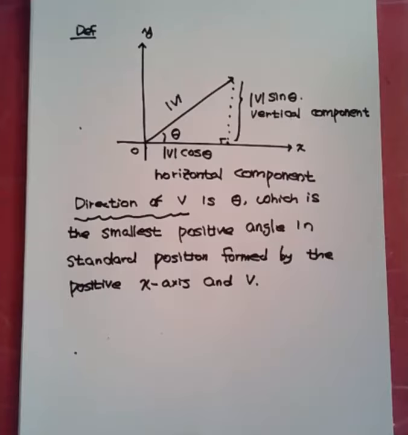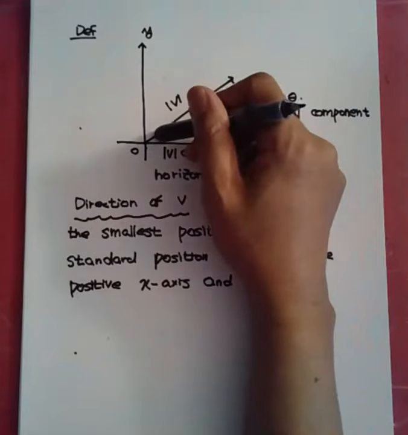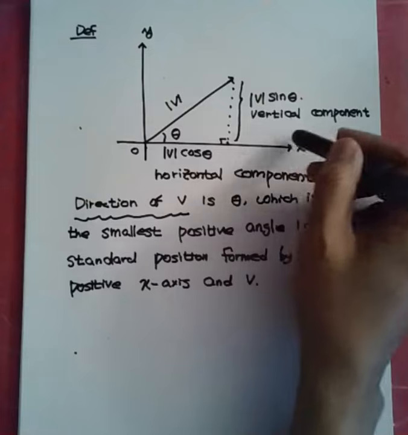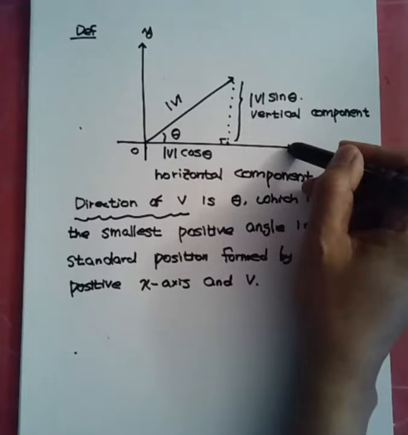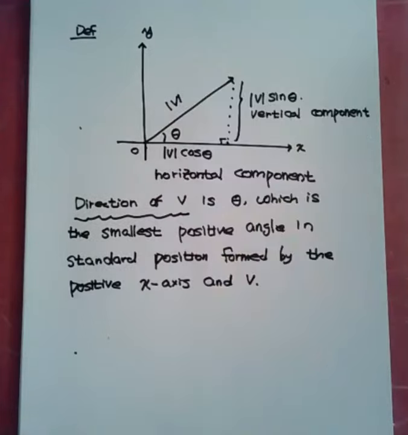Let's suppose that we have a vector on the plane. The direction of the vector v is the angle between the positive x-axis and the vector. When the angle is the direction of the given vector v, that angle is the smallest positive angle in standard position.